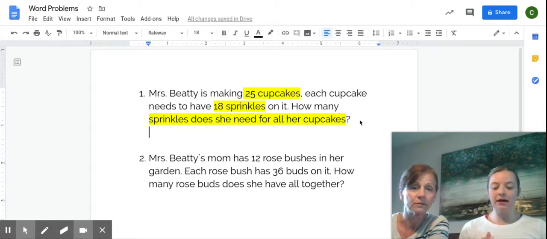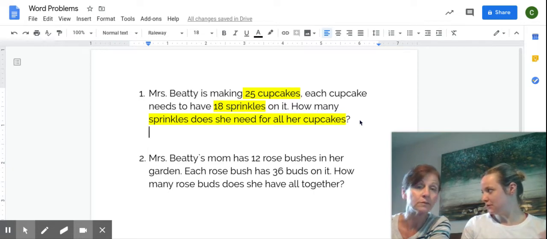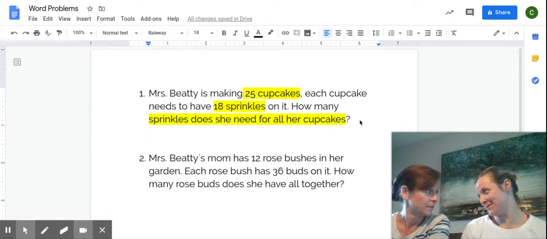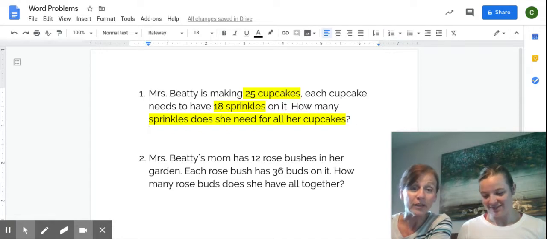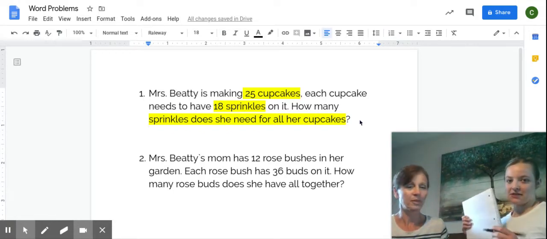All right, so I have my important information figured out. Now we need to start solving it. We are working on double-digit multiplication. What are we working on? Double-digit multiplication. We have been practicing the standard algorithm, which my mom knows. I know this. Okay. So she is going to be my student. I'll get the problem set up for her.